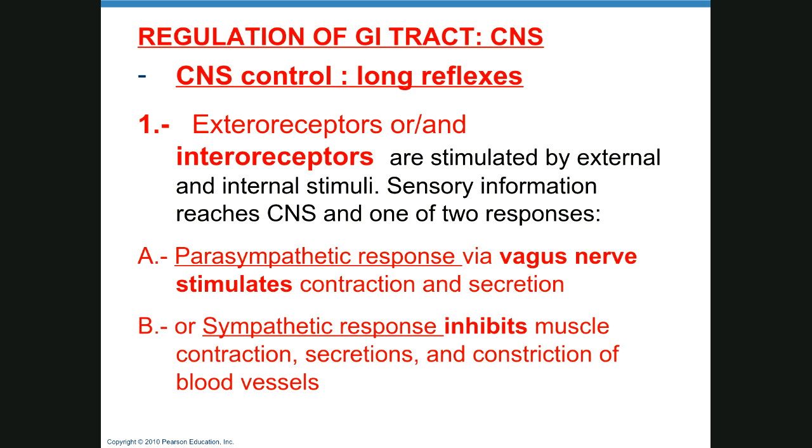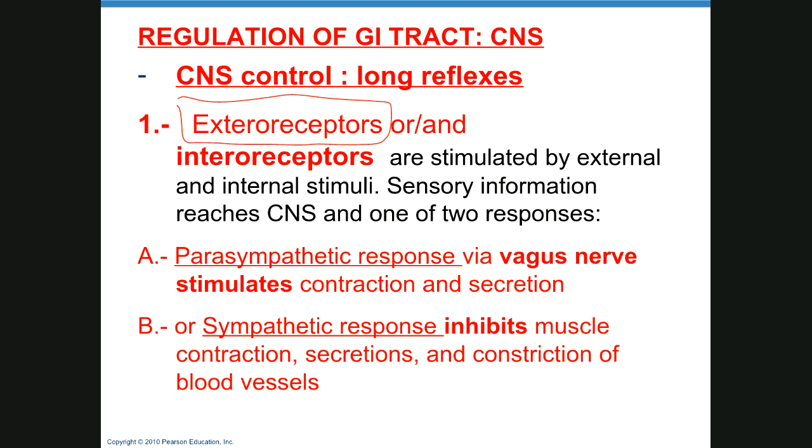We talked about interoreceptors, which sense the changes inside the GI tract, chemical changes and mechanical changes. There are also exteroreceptors that are going to stimulate the GI tract via the central nervous system. That refers to things like the sight of food, the taste of food, the smell of food, which are going to, via the central nervous system, stimulate the GI tract.